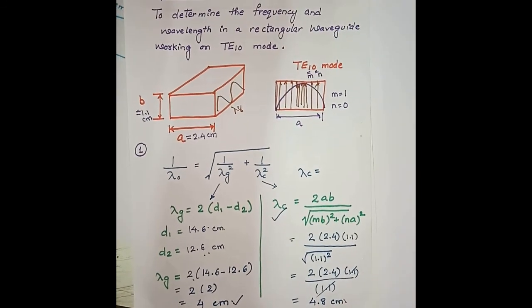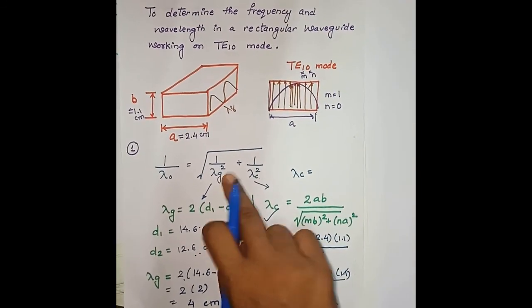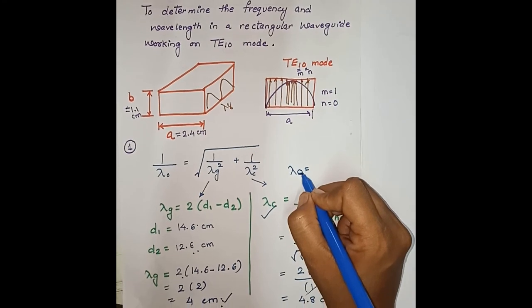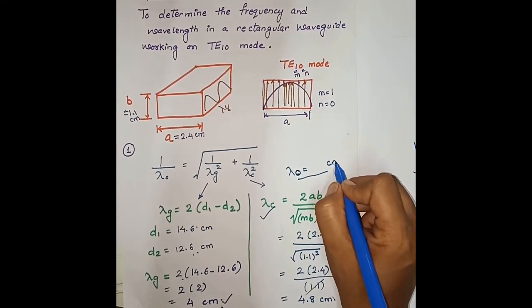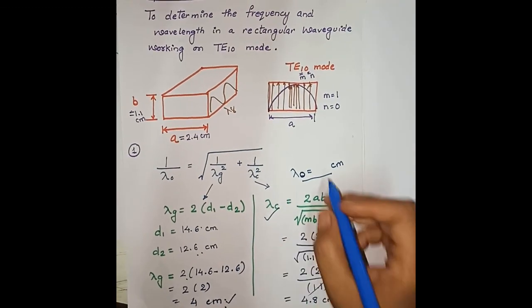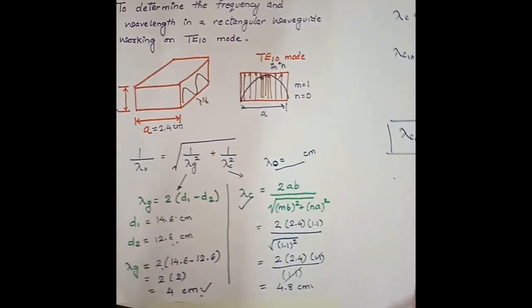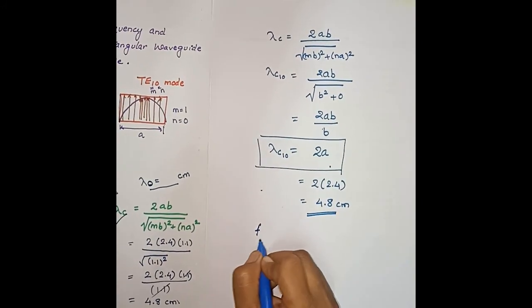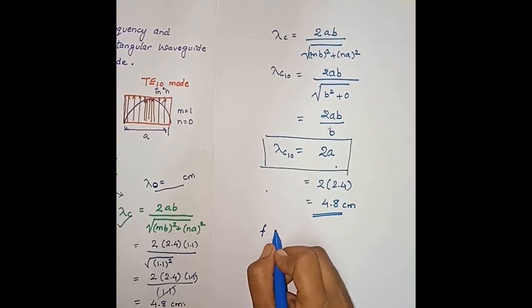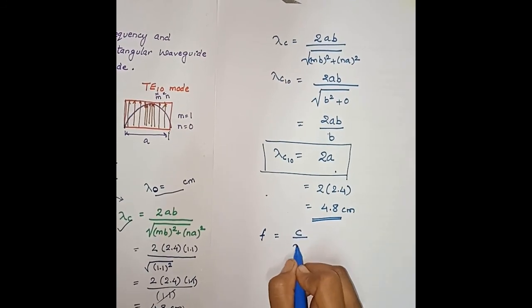Okay, so we are putting these values into this equation, and then we are going to find out lambda 0 for our answer, and that answer will be in centimeters. Once we get lambda 0, we will calculate the frequency value. Frequency is equal to c divided by lambda 0.